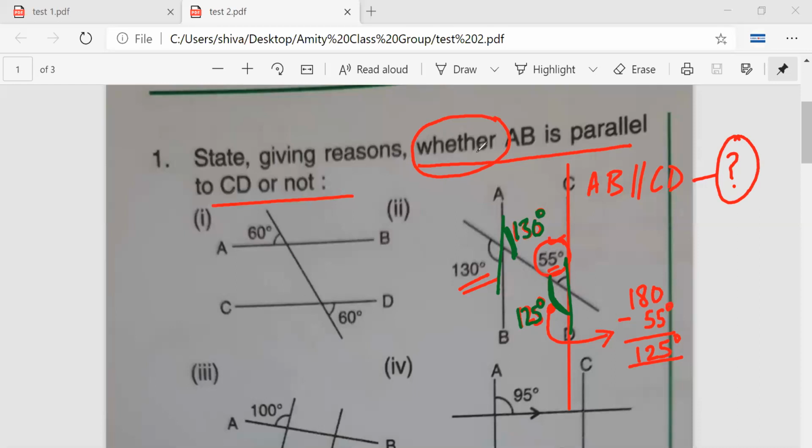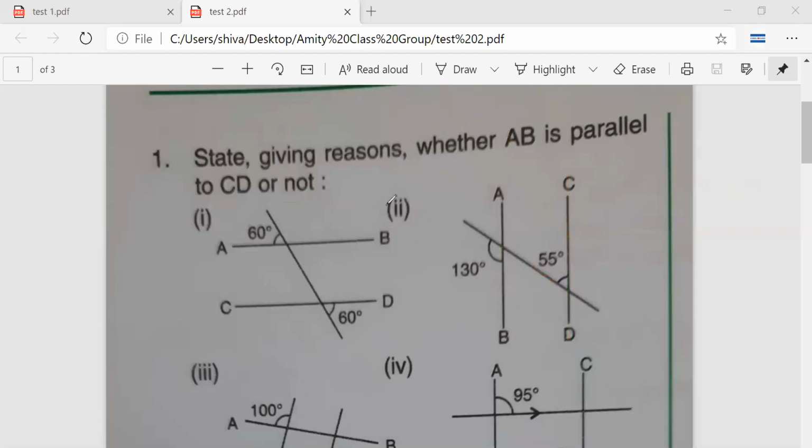No, sir. Sir, you need to look at the question again. What the question is asking you is state giving reasons whether AB is parallel to CD or not. They haven't told you that these two lines are parallel. Mr. Sarthak, do you understand the difference?